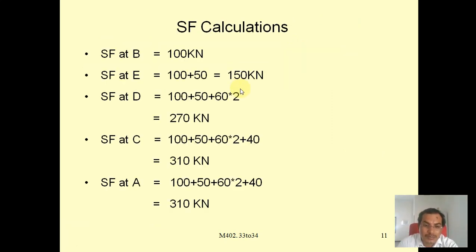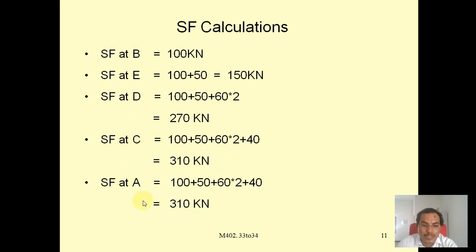Substituting, we calculate all the loads: 120 plus 180, and the total answer is 310 kilonewton at the point of C.